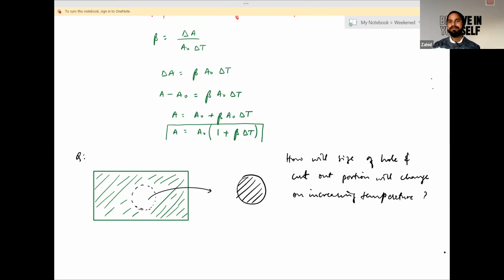Saifullah, any guess? I guess the size of the hole will decrease, whereas the cutout portion will increase.